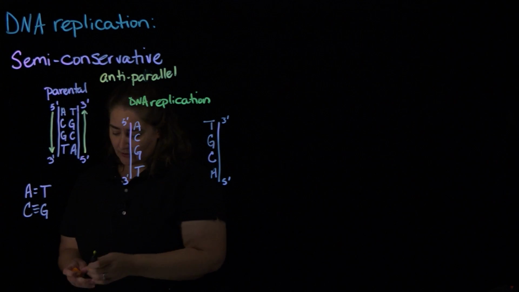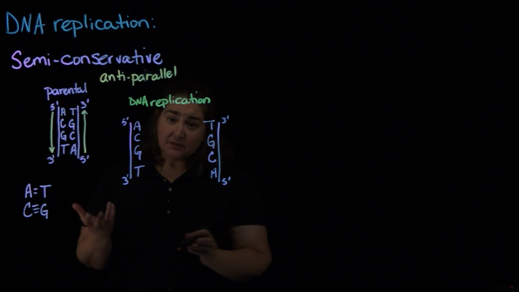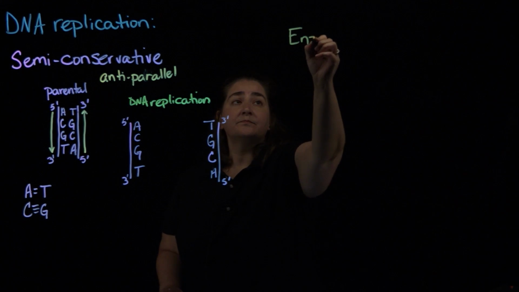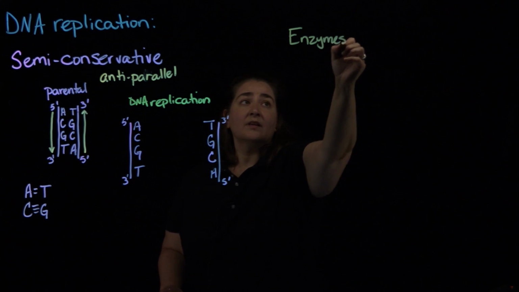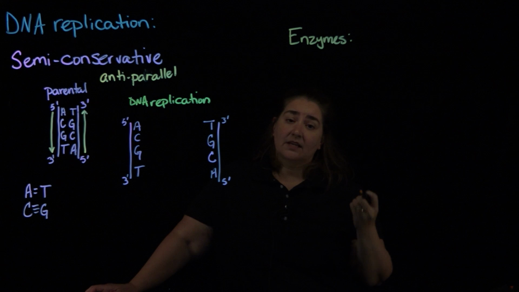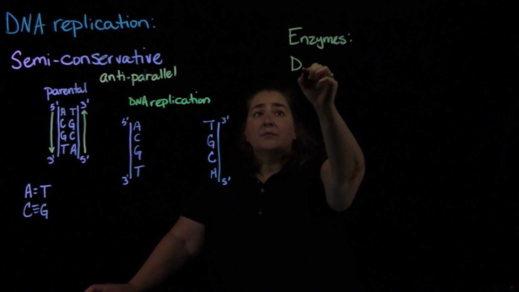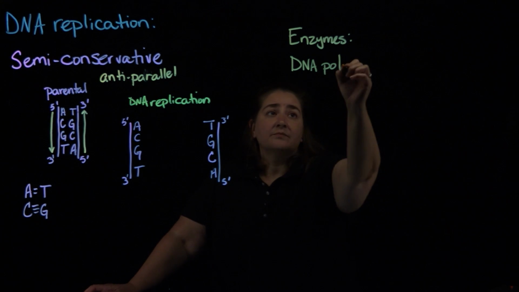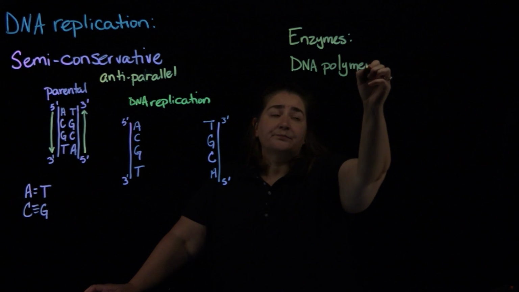What's going to happen? There are going to be a number of enzymes that are a part of this process. I'll talk a little bit more in detail about those enzymes in the next video, but I'm going to mention some of them here, just so that you hear it more than once. And I'll write out the whole name.